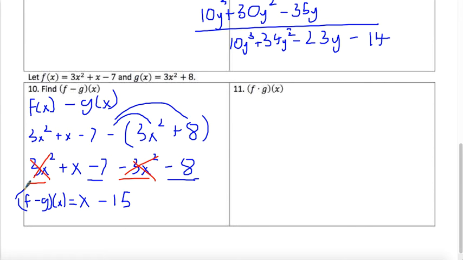And the last one, here we have f times g of x, which again simply means multiply f of x times g of x. So I'm going to use the vertical method on this one. So 3x squared plus x minus 7.